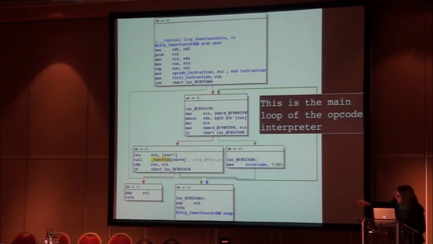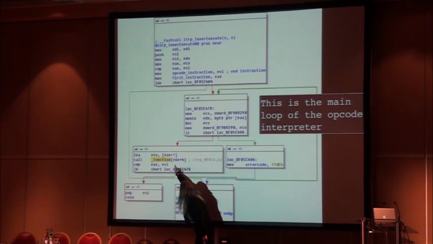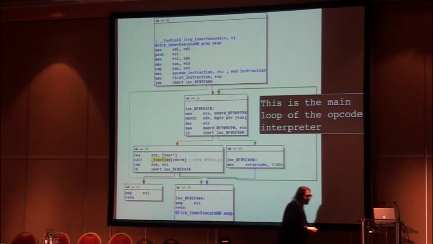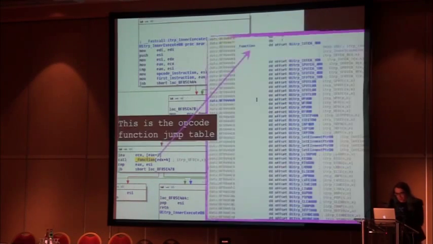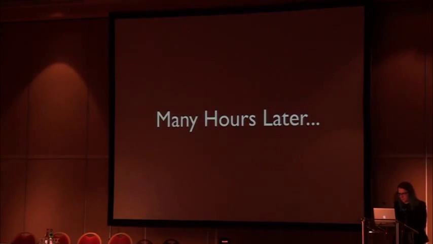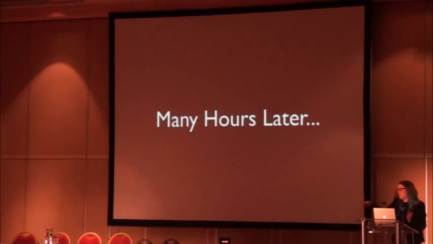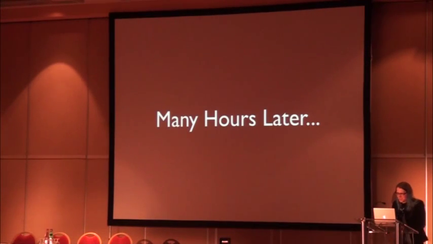Here's the actual jump through the jump table for each of the opcodes: the byte value of the opcode times 4, go that far down and call that. So if you do all this stuff, it's not that hard. It's just kind of tedious.